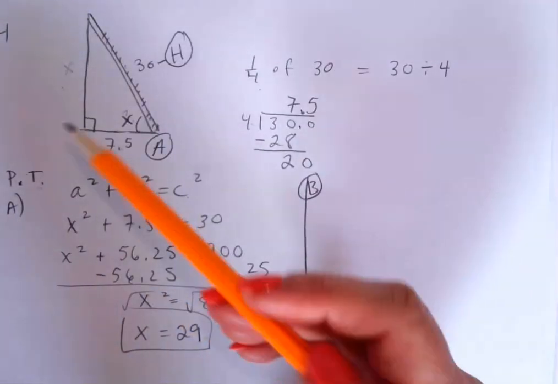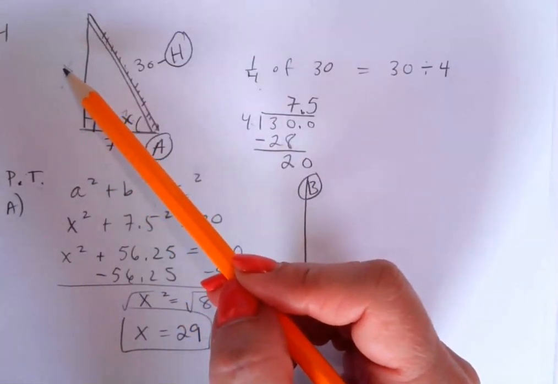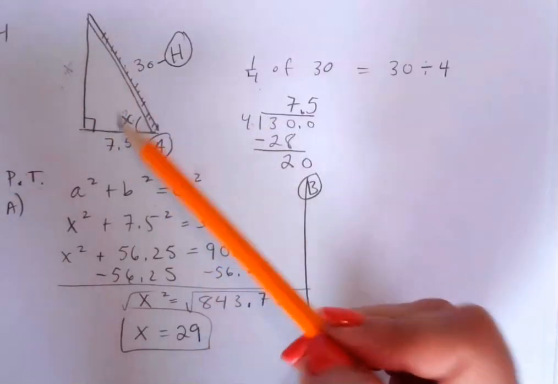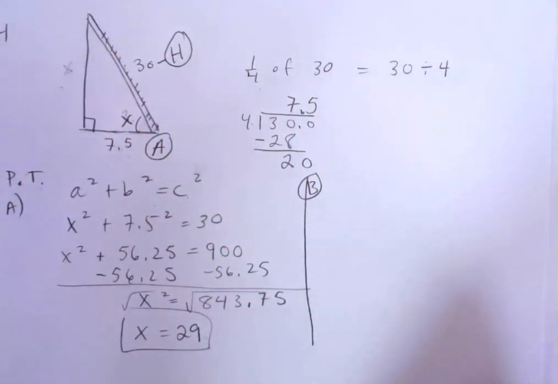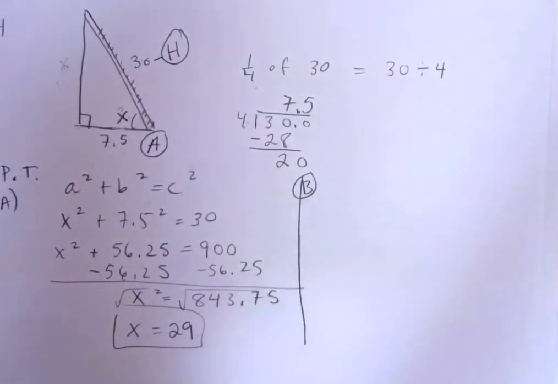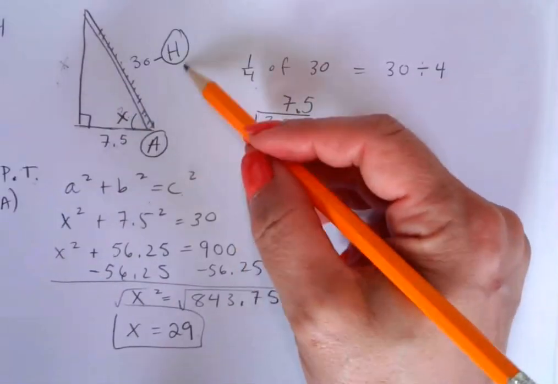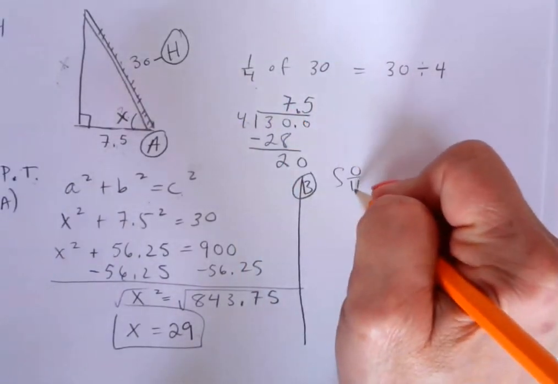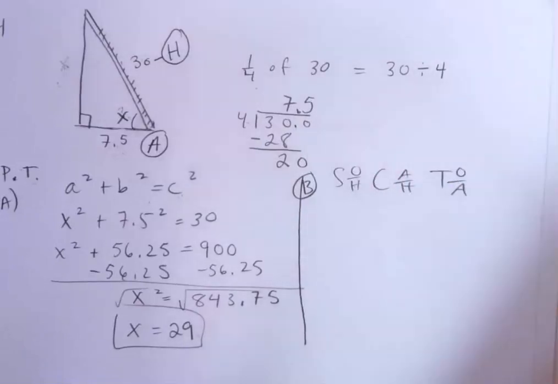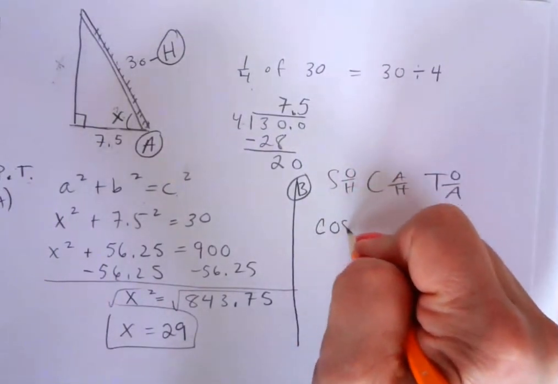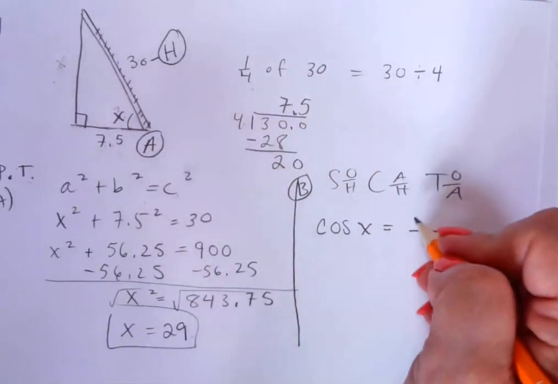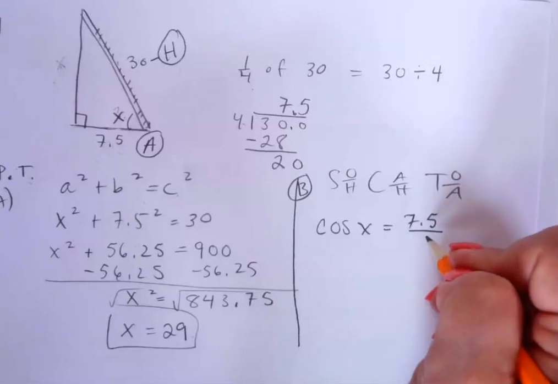But absolutely, if you want to use, for example, 29 and 7.5, O and A, you could use tangent. But I'm going to use these two measurements. It doesn't matter which ones you use. Since I'm using A and H, A and H are cosine, so my equation is cosine of x equals A, which is 7.5, over 30.